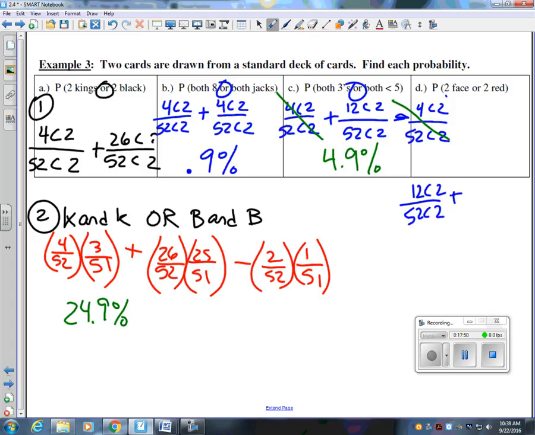Caitlin, how many reds are there to choose from? Yep. Over 52, choose 2. And Jose, can you have any cards that are face and red? How many of those? 6. Choose 2 over 52, choose 2.